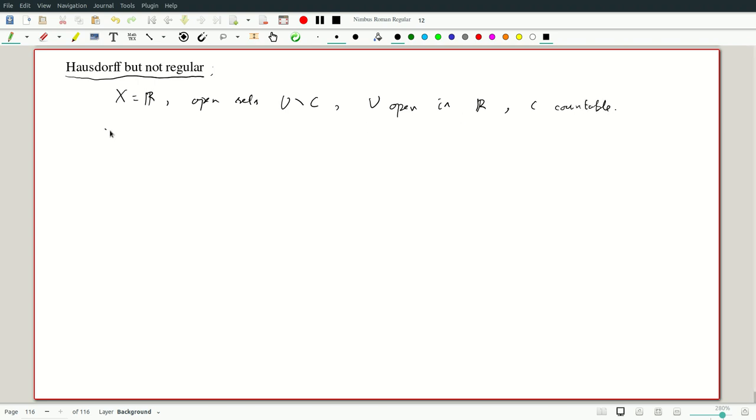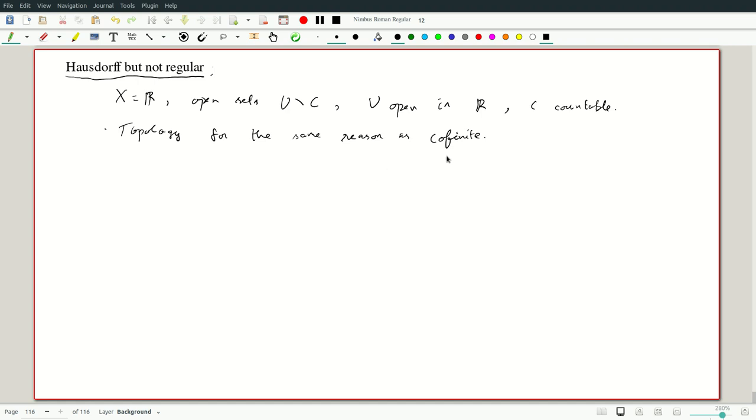Okay, why is this a topology? It's a topology for the same reason as cofinite. We can always in fact define the co-countable topology. Basically the finite union of countable sets is countable, and for the intersection, if I take an arbitrary intersection of countable sets, it's contained in one of them, so it's also countable unless it's an empty intersection.